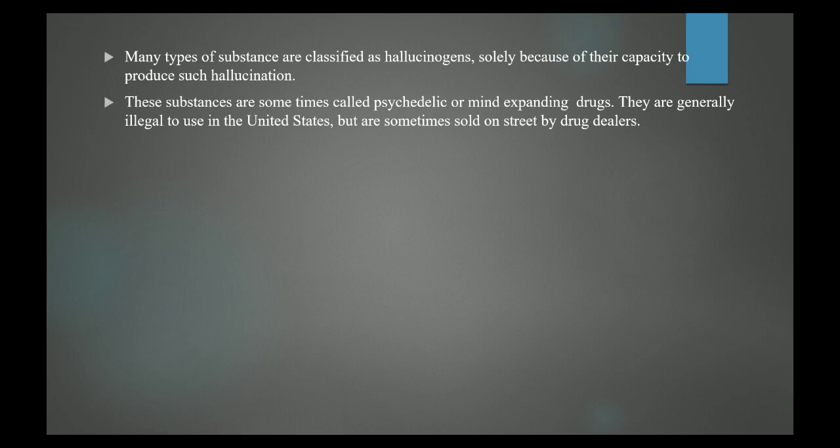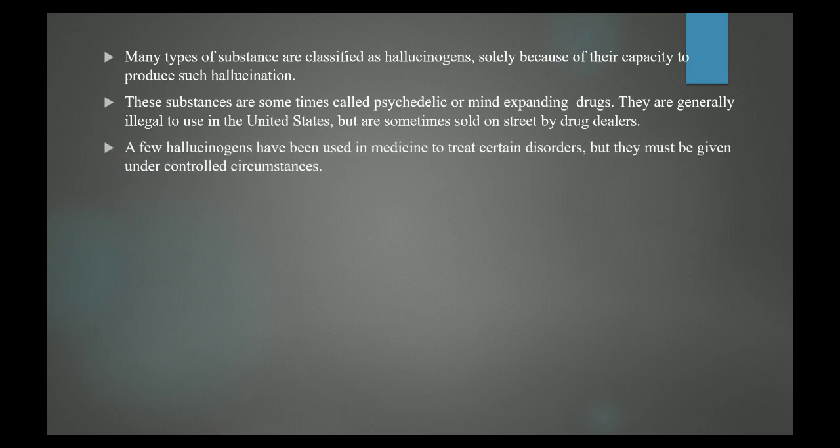They are generally illegal to use in the United States, but are sometimes sold on the street by drug dealers. A few hallucinogens have been used in medicine to treat certain disorders, but they must be given under controlled circumstances.